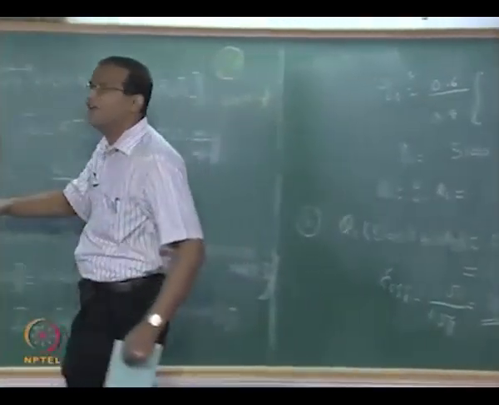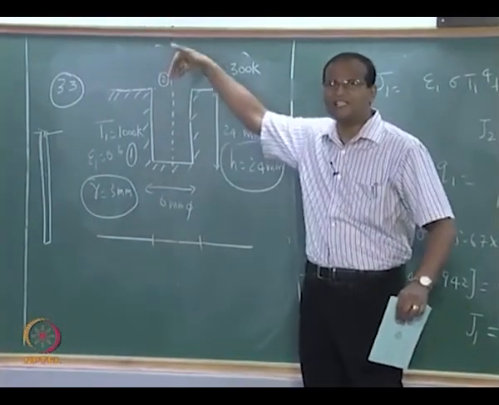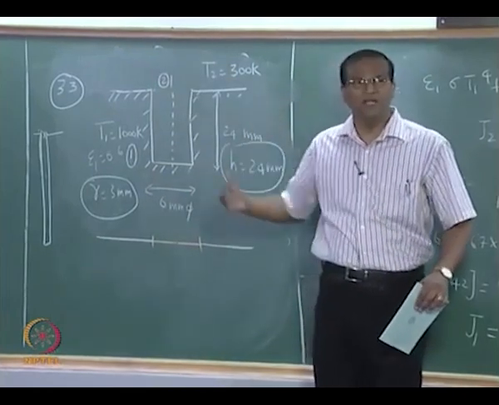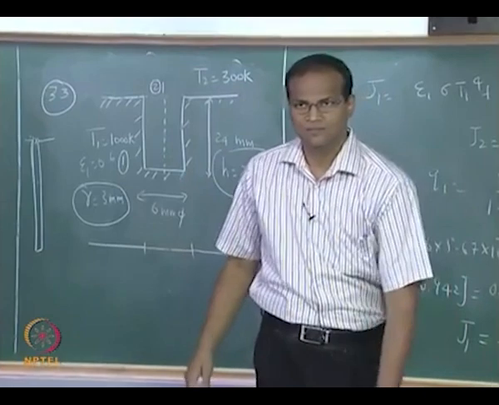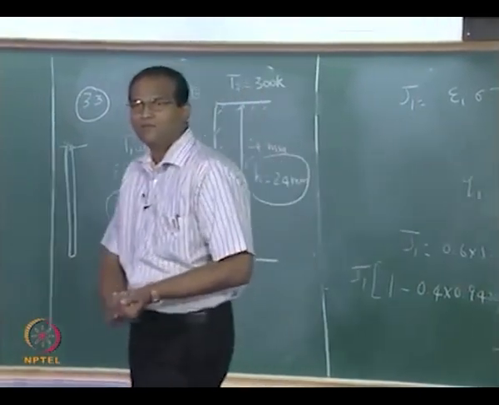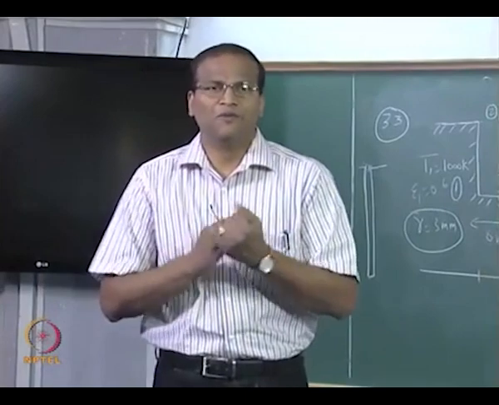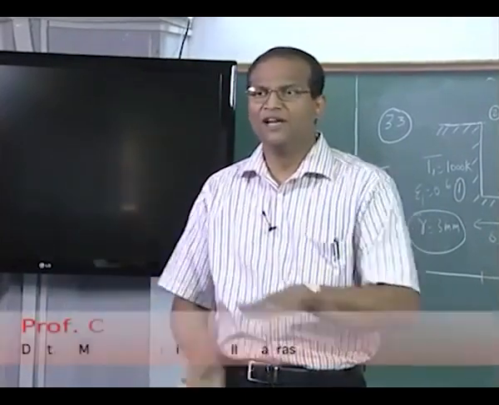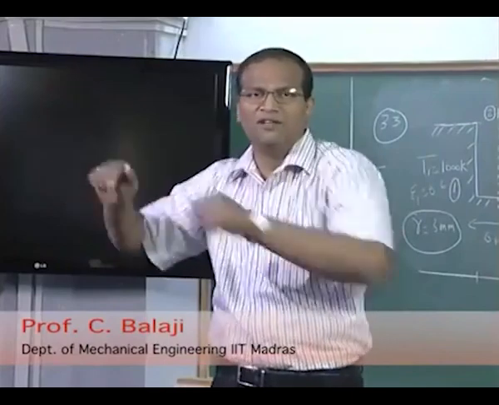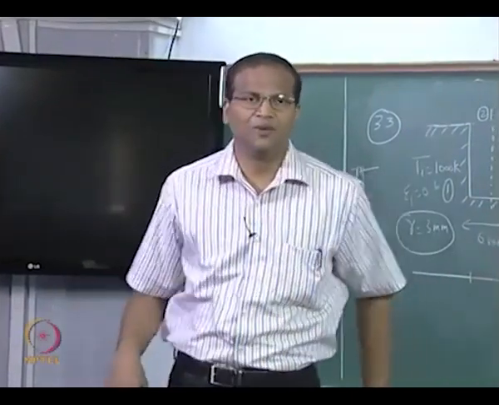All this increase of the effective area because of the increase in the depth is only helping me overcome my deficiency of having a poor emitter of 0.6, because it is very difficult to get a black body, and suppose from 0.6 to 0.9 I have to put some costly coatings or something. If the material is thick enough, I will put a hole in several places and passively increase the heat transfer rate. This is a technique adopted.